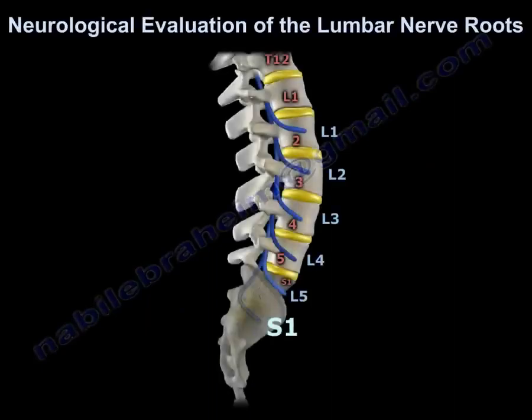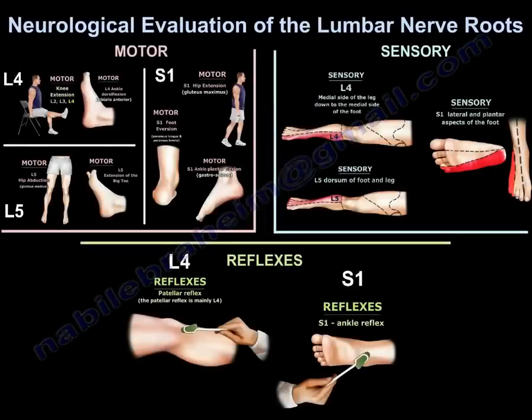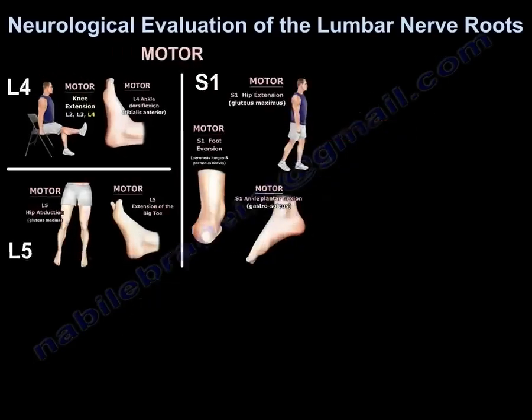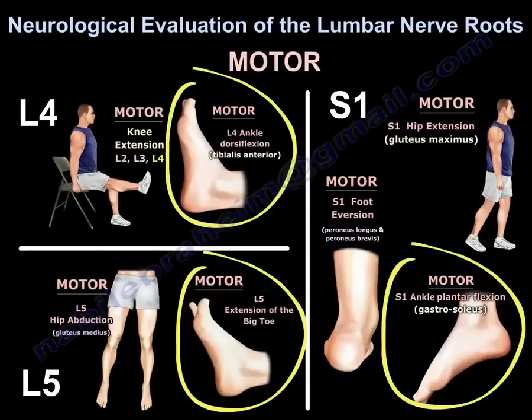So there are three important nerve roots: L4, L5, and S1. And you can check three things: the sensory, the motor, and the reflexes. If you take the motor, for L4, it's ankle dorsiflexion. For L5, the big toe or the hip abductors, the gluteus medius and minimus.